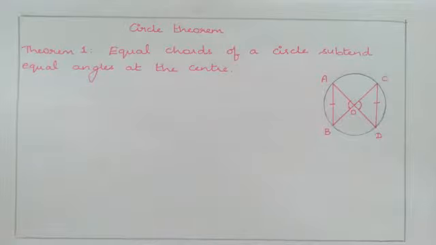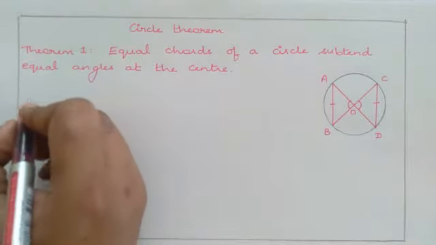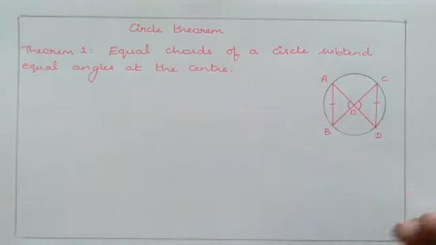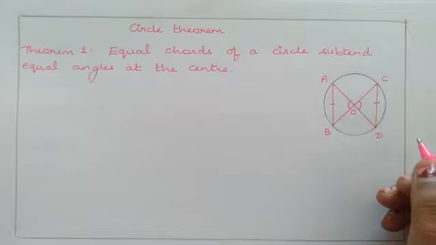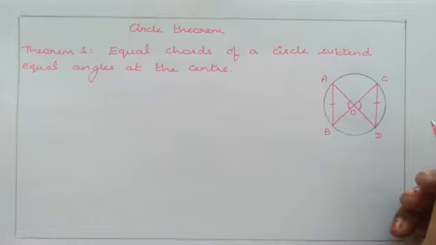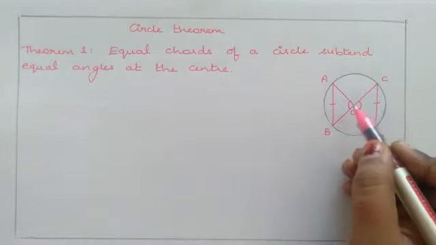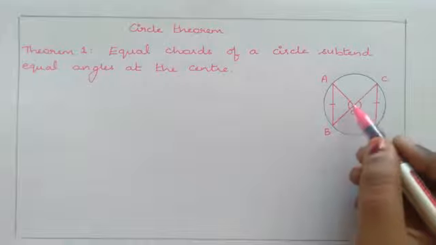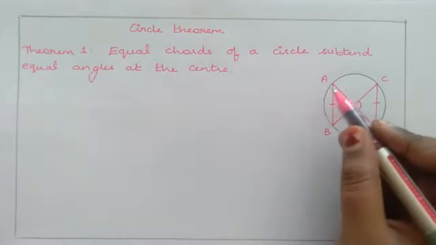The proof of this theorem is going to be very simple. Whenever we talk about the theorems relating to circles, we will mostly be proving them based on the congruency conditions. So, this angle AOB is in the triangle AOB.